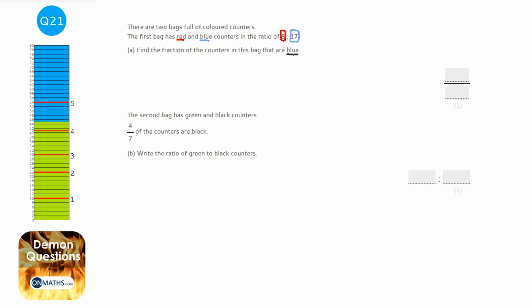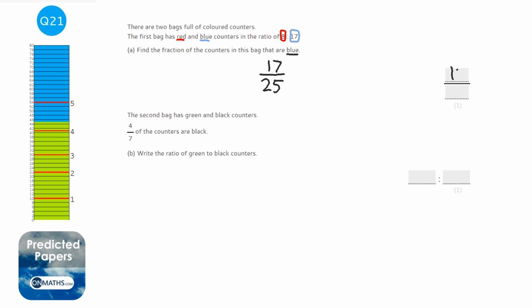So there are 17 blue, so 17 goes at the top of the fraction, but how many are there all together? It's tempting to put 17 over 8, but it's all together. The bottom of a fraction is the total, so we need to do 8 plus 17, which is 25. So the fraction is going to be 17 over 25.